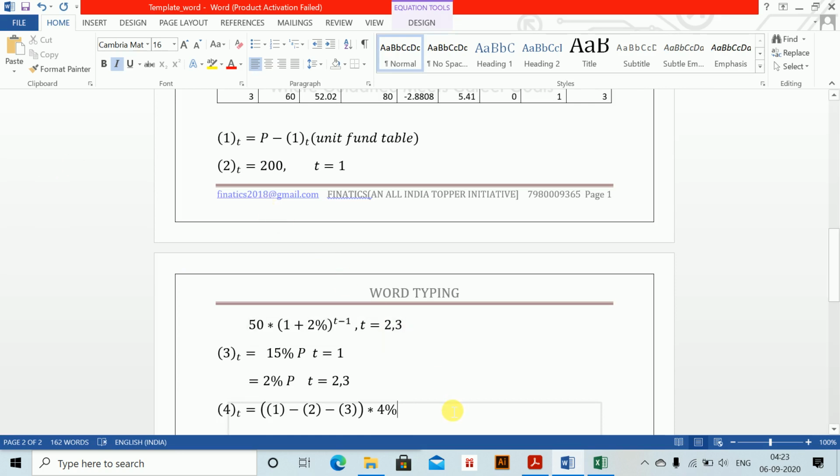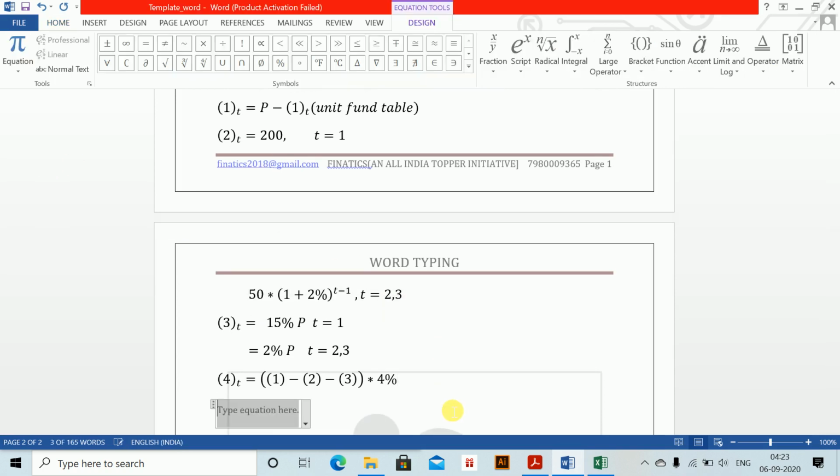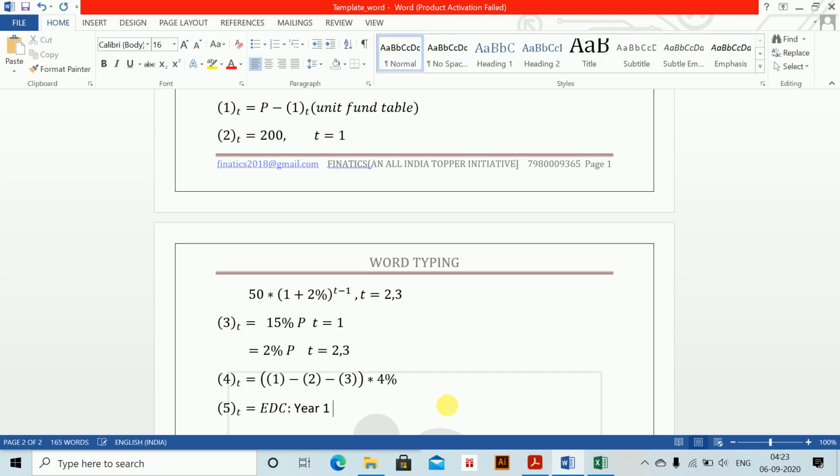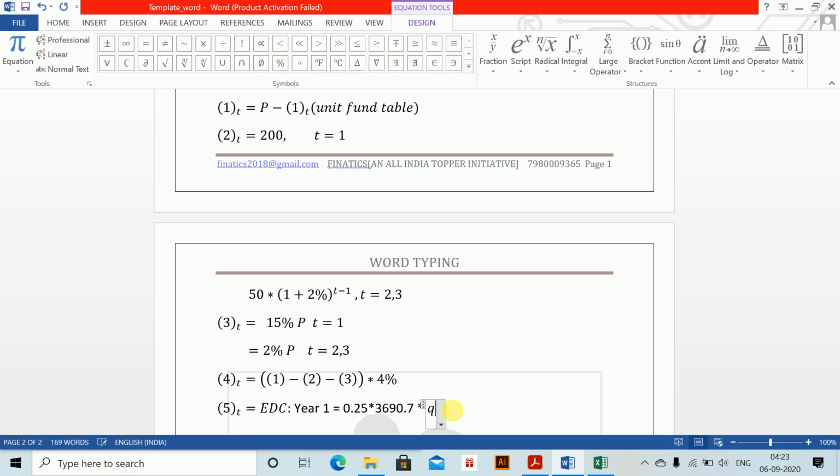Okay, then next, 5_t is the expected extra death cost, EDC. EDC for year 1 is equal to 0.25 into 3690.7 into Q_45.